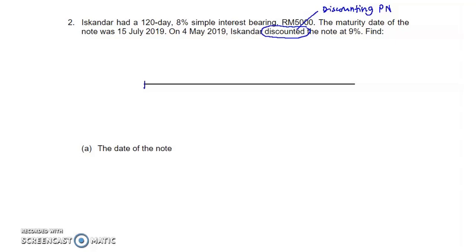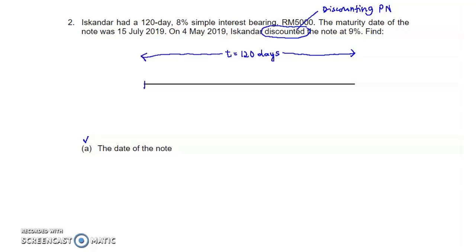So we need to find the date of note in question A. Iskandar had 120 days, which means 120 days is the term of the note, from the date of note until maturity date. So here T equal to 120.